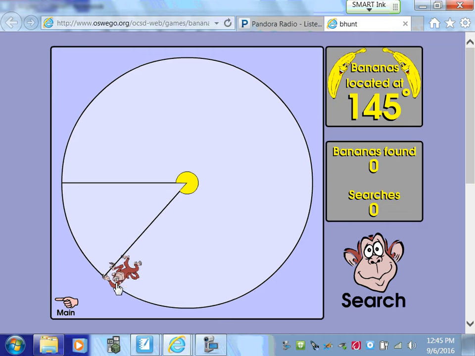Did you find a pattern? It's all about patterns. 45, 135, 225, 315.